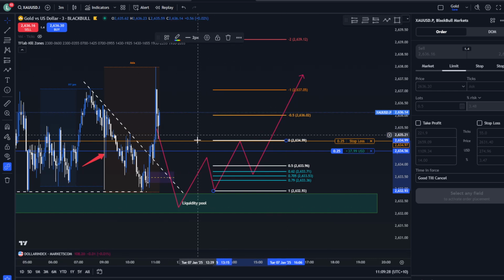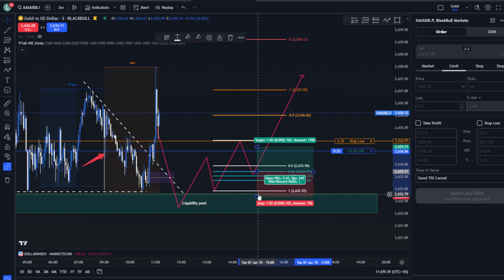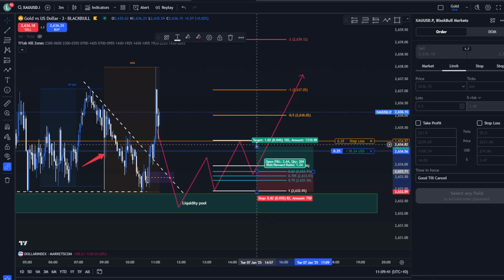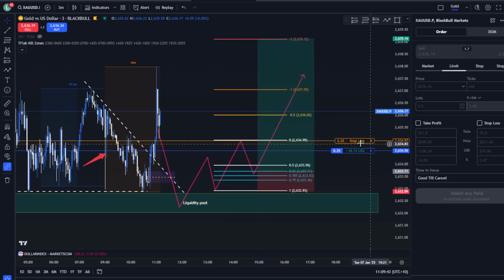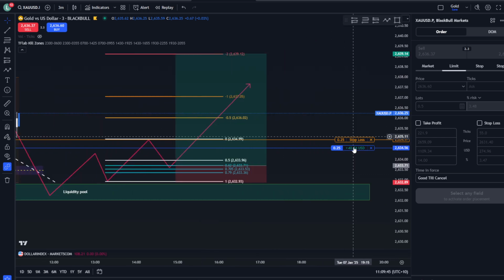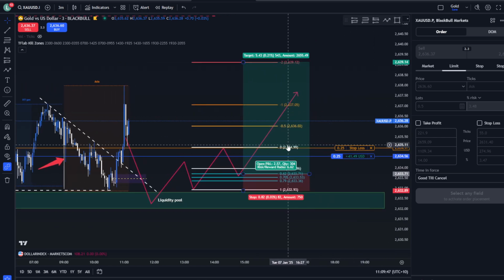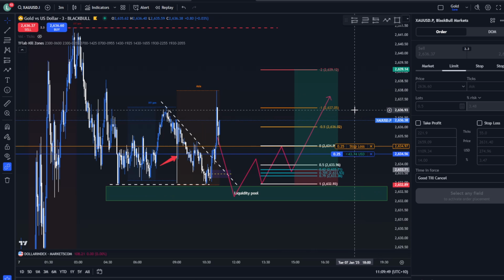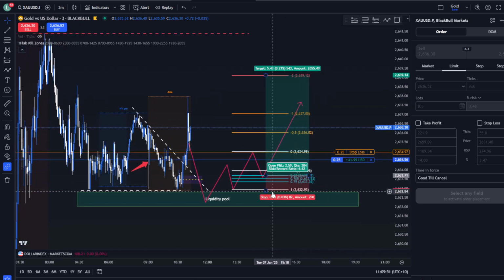A lot of pullbacks in uptrends will hit into this area. So we get in here, the stop loss would be below this low, and again we would target our full TP all the way up here, taking partials along the way. And that's what we'd be looking for. And we're going to risk 1%.